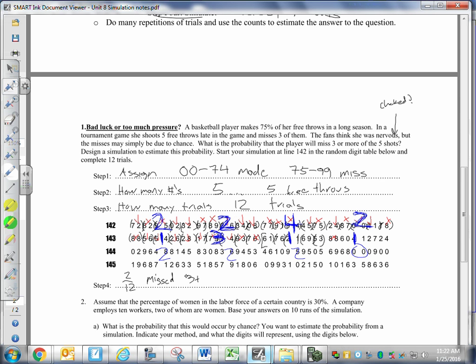Now, I'm comfortable with 12 trials, but what would make me more comfortable with my results? What could I do to have my results be stronger? Thank you. More trials, better results.